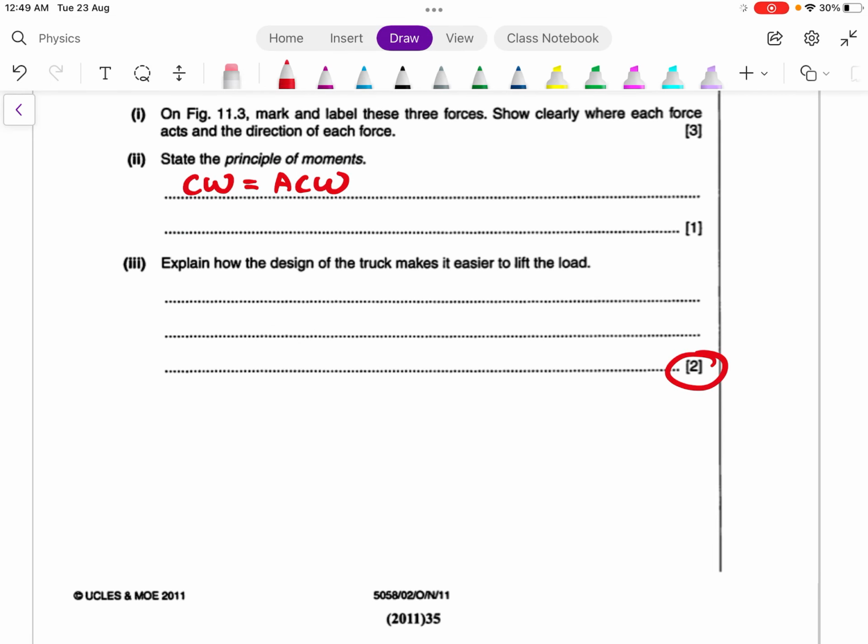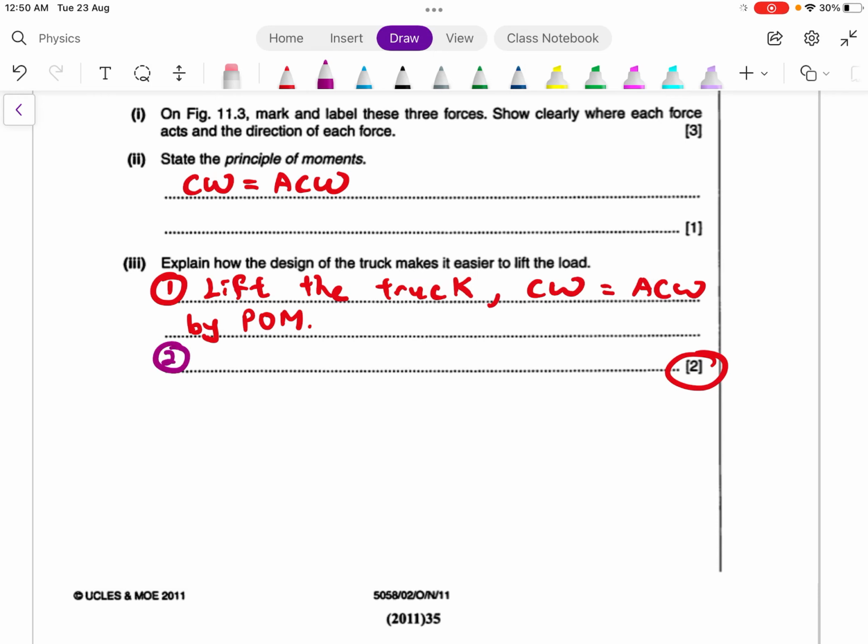So first, always look at the number of marks first. Then after that, first point, you just say that, okay, in order to lift the truck, the CW is equal to ACW by the principle of moment. Okay, so next thing you must talk about point number 2.